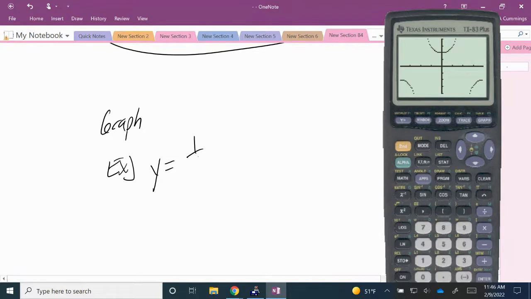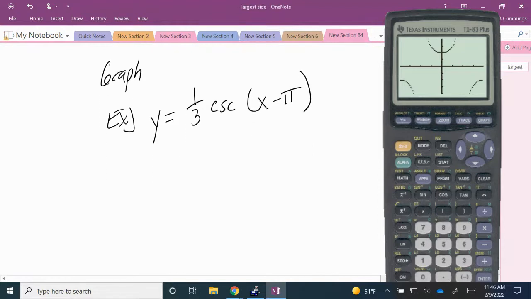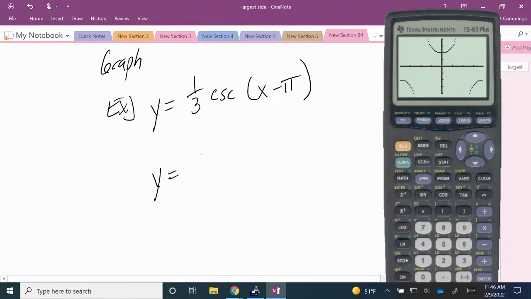So y is equal to 1/3 times cosecant of x minus pi. So I have 1/3, and I'm going to rewrite the cosecant as 1 divided by the sine.